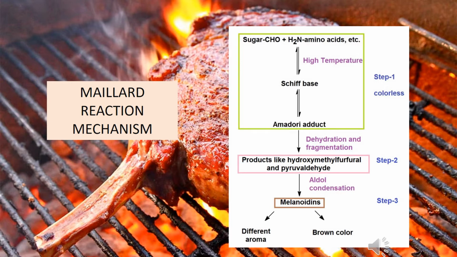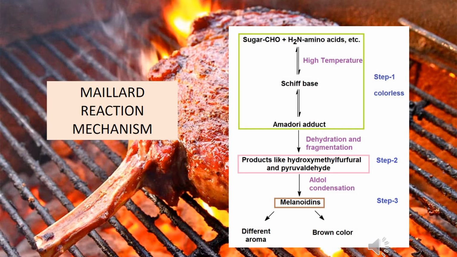Now the glycosylamine is transformed into ketosamine via an Amadori rearrangement. This ketosamine will undergo further reactions via several pathways and can form reductones, dicarbonyls, and several other products of short chain hydrolytic fission.